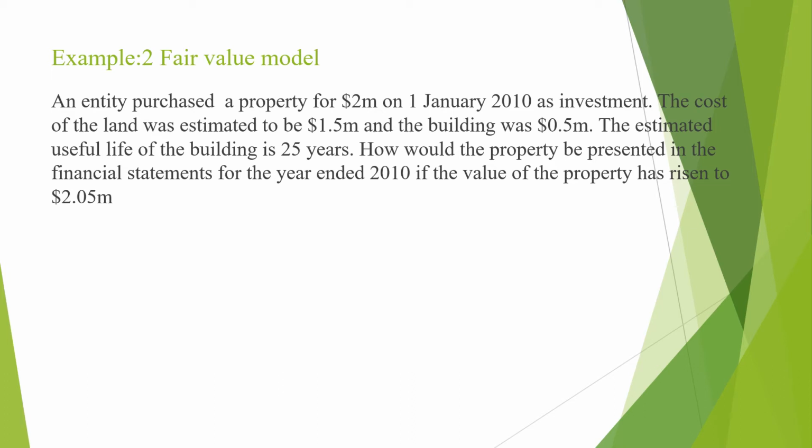How would the property be presented in the financial statements for the year ended 2010 if the value of the property has risen to 2.05 million? So now at the end of the year, 31st December, the property was revalued and the revalued amount is 2.05 million. So let's look at the solution here.